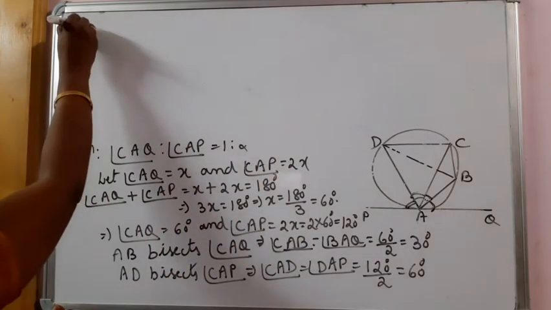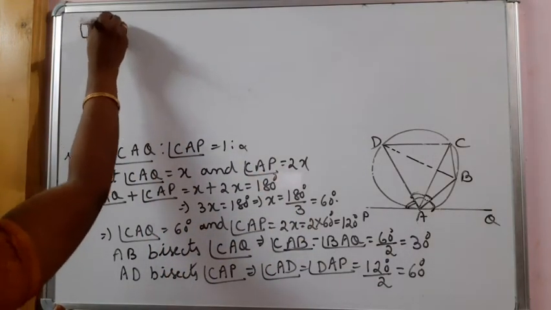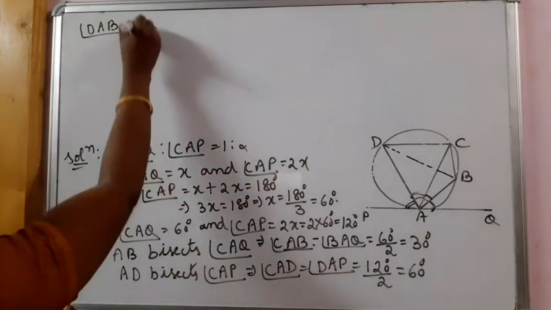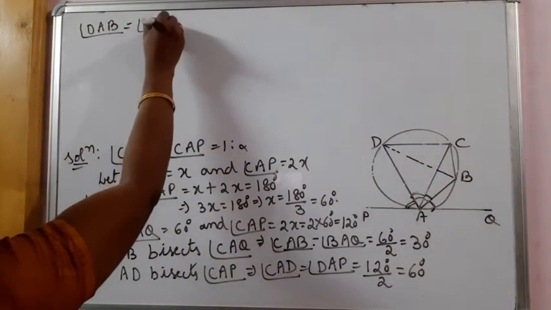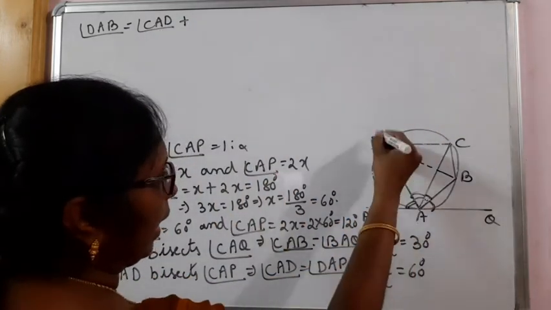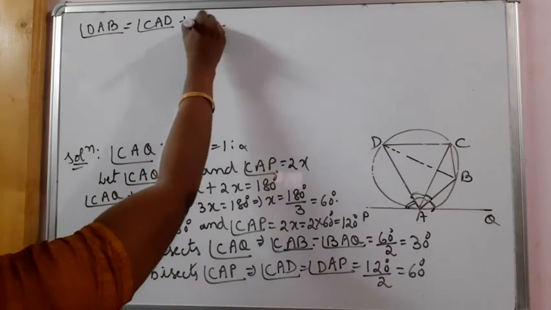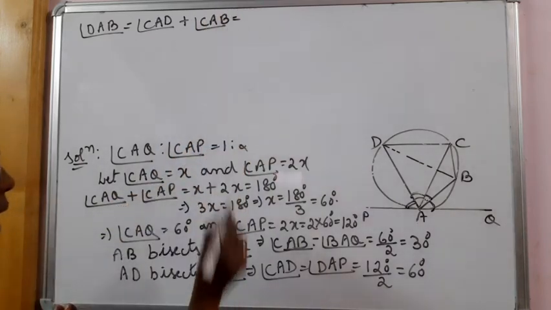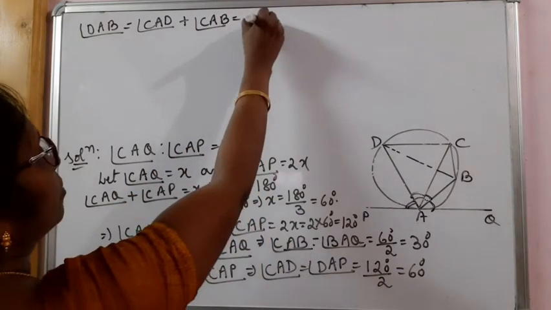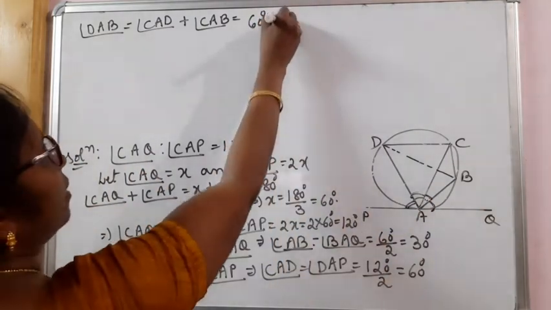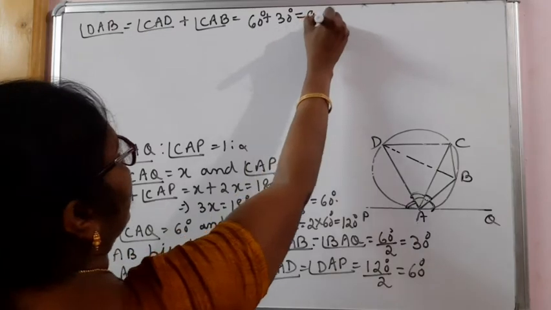So angle DAB is equal to angle DAC or CAD plus angle BAC or CAB. Angle CAD we got 60 degrees and angle CAB we got 30 degrees, that is 90 degrees.